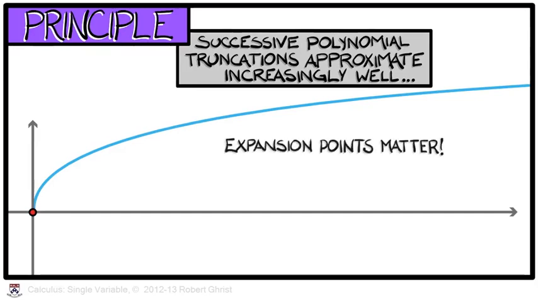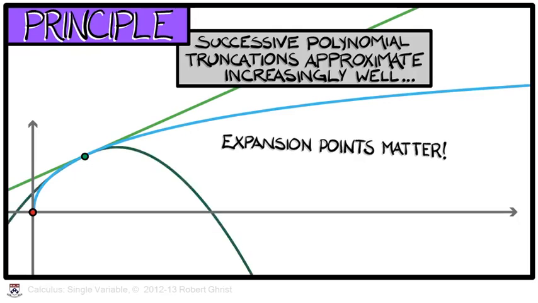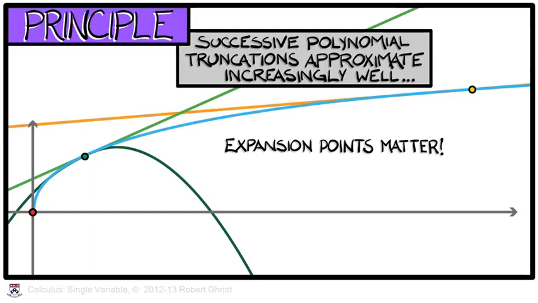We've seen that before. In this lesson, the point is that where you do the Taylor expansion matters. If you're expanding way over here and trying to get information about way over there, then you're going to need a lot of derivatives to do that. On the other hand, if you approximate about the correct expansion point, you might not need so many derivatives in order to get the job done.